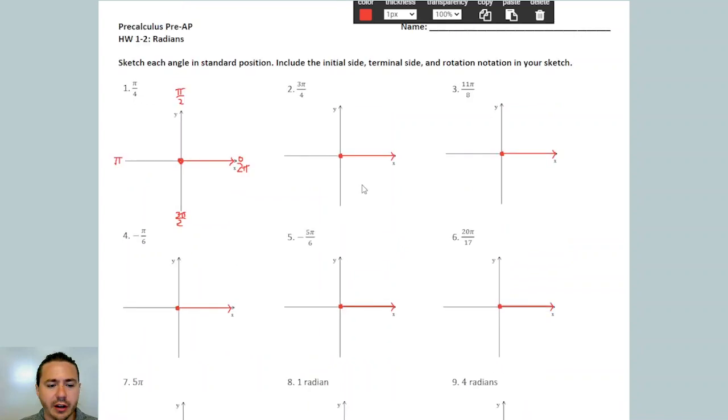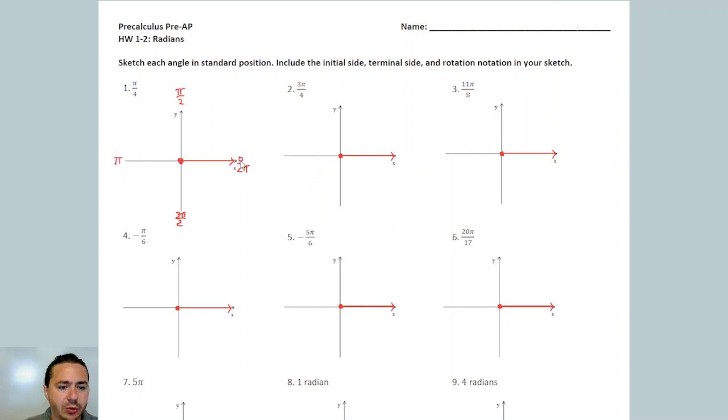Okay, so pi over 4 radians, you want to compare that to what we have here: 0, pi over 2, pi, 3 pi over 2. What I normally do is think about the fractions. I'm going to go back and forth between the different ways to find where the terminal side is. What I would want you to do is pick whatever you think is the easiest, and stick to that.